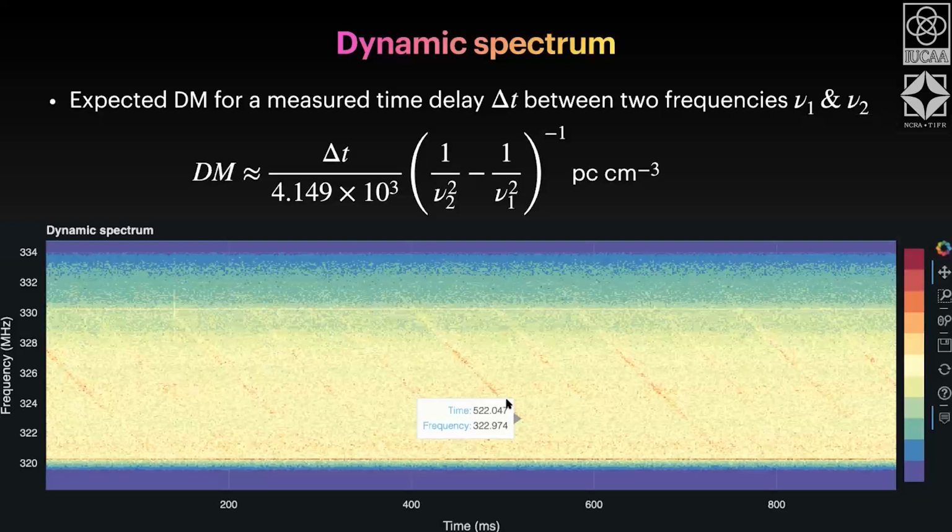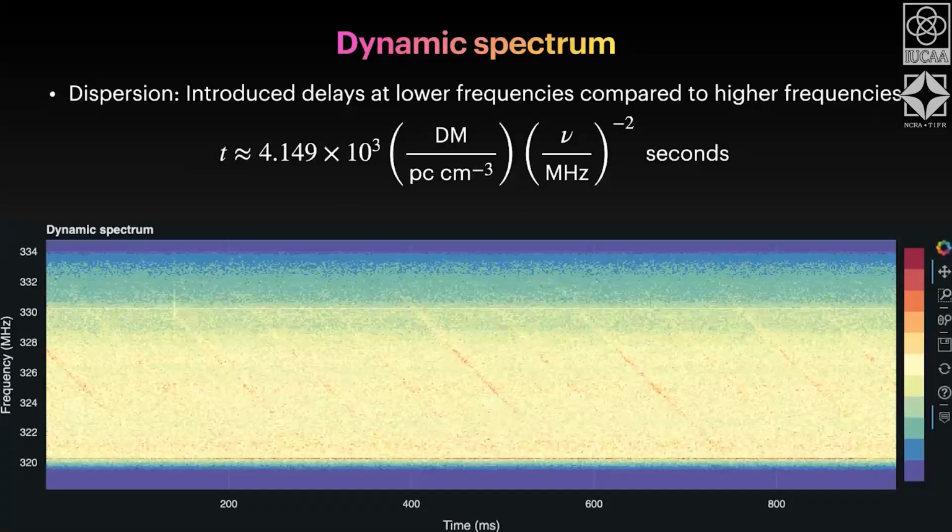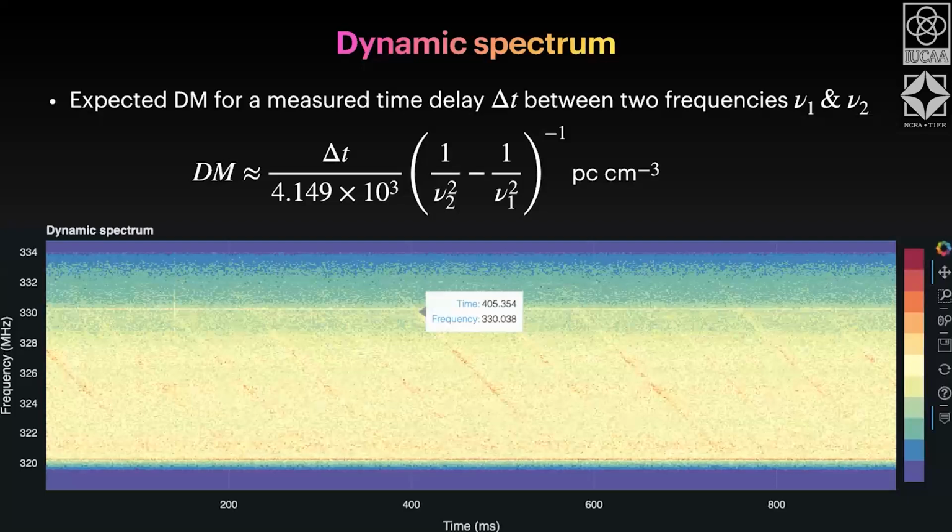Now the expression that you saw earlier can be written for two different frequencies to get two different delays, and that can be inverted to calculate an approximate DM, so that if you have the frequency values of two points and the delay between these two points, you can get a rough idea of the dispersion measure.